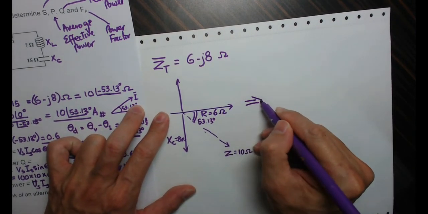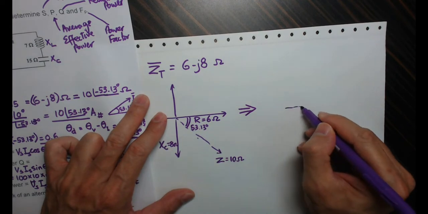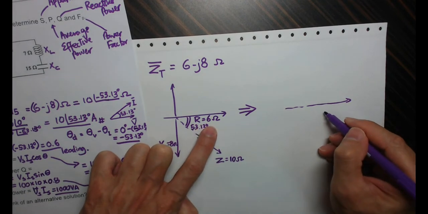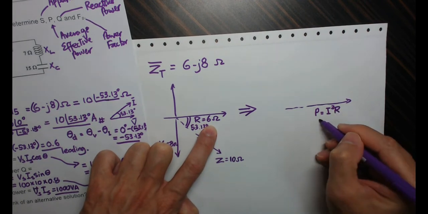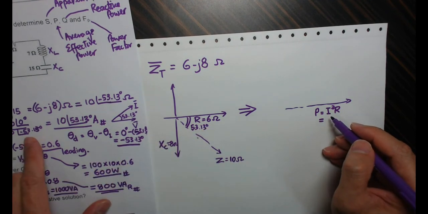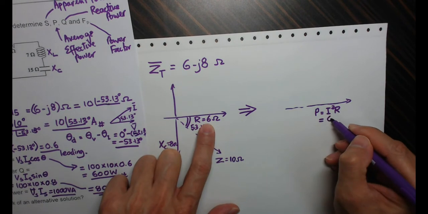Now if we convert that to the power triangle, R I convert to P, which can be calculated using I squared R, which gives me 10 times 10, because current we have calculated is 10, so 10 times 10 is 100, 100 times 6, 600 watts.